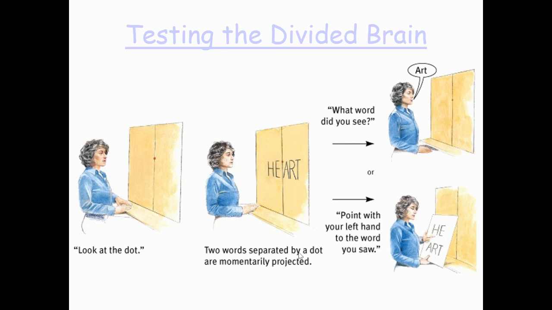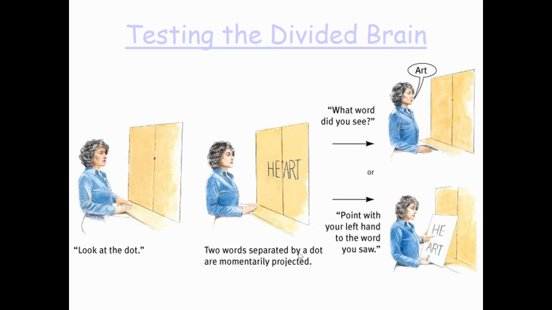But the Broca's area is on the left side. That's the part of your brain that allows you to speak. So the left brain controls the right eye. So she can only speak about what her right eye sees.